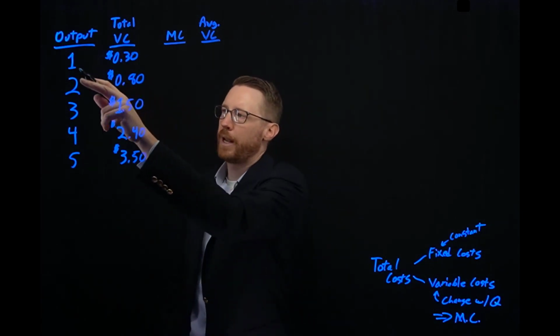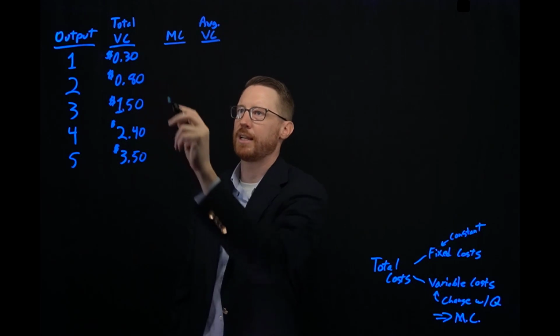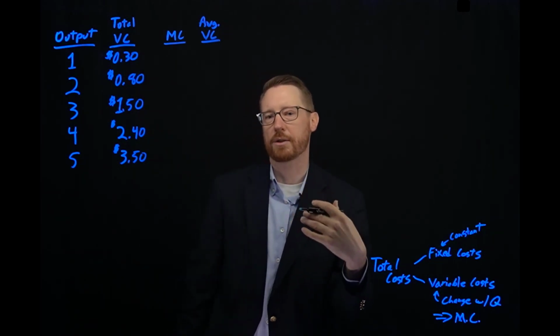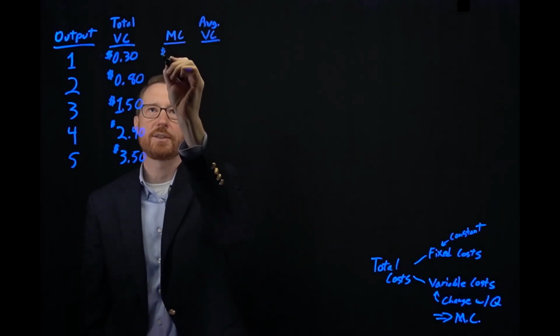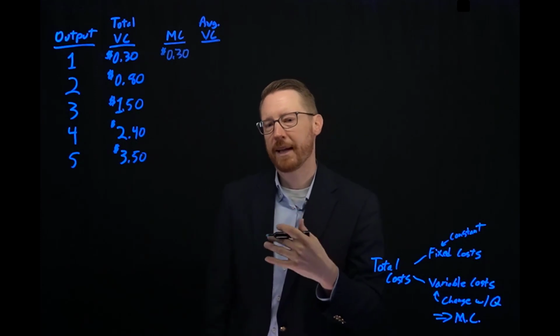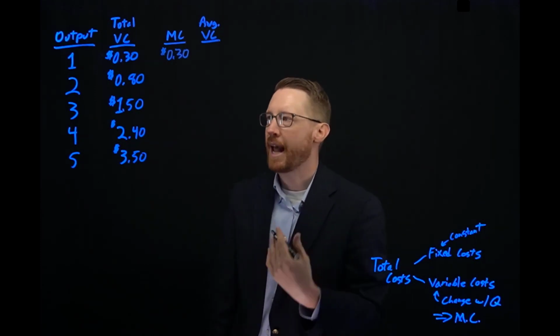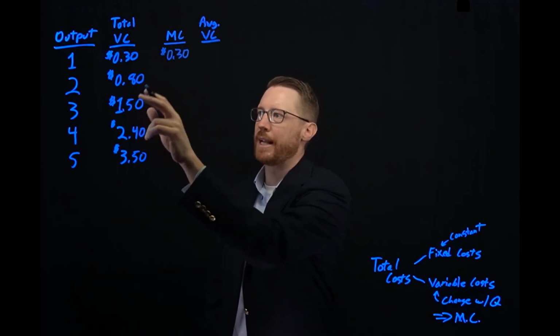All right, so for making just 1 cup of coffee, how much labor and beans do we need? We need 30 cents worth. So what was the marginal cost? What's the cost of that first cup of coffee? It's just 30 cents. All right, if we make 2 cups of coffee, now the cost of labor and beans is a total of 80 cents.